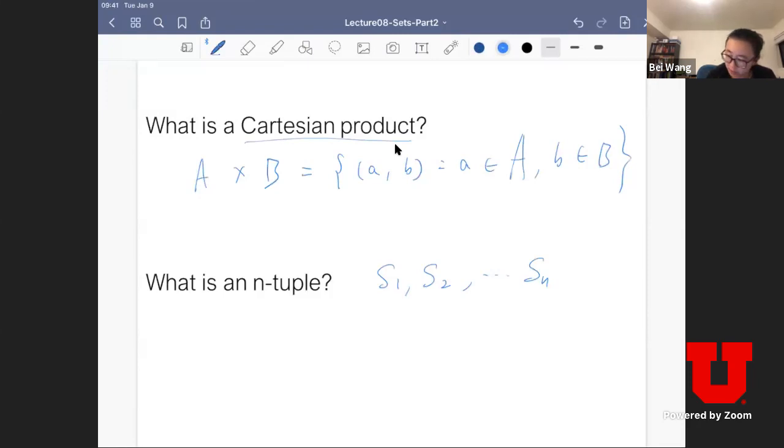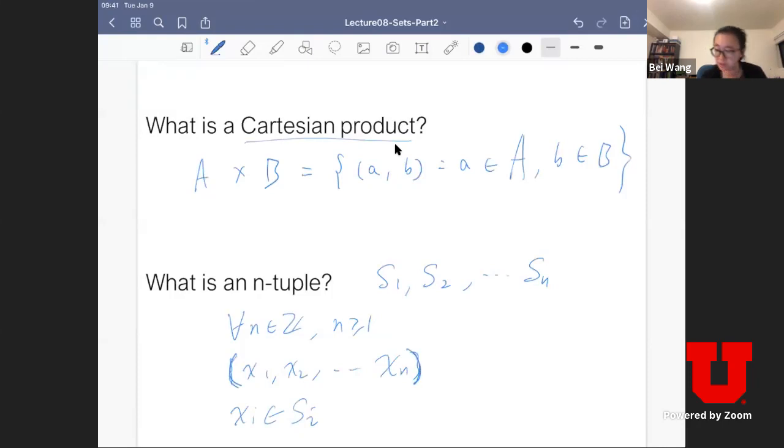Another way to think about it is, for n an integer bigger than 1, I'm going to choose elements x1, x2, ..., xn, where xi is from the i-th set. So you choose an element from each one. An n-tuple is n such elements.